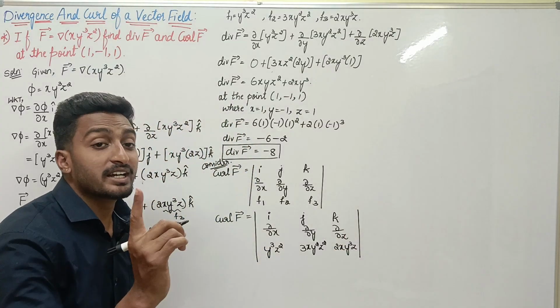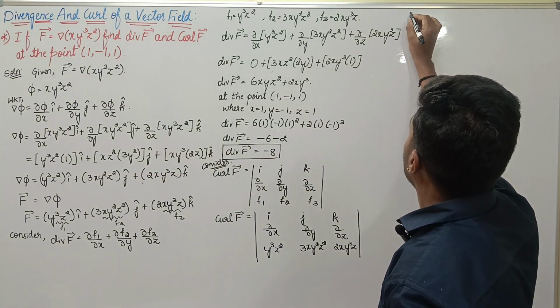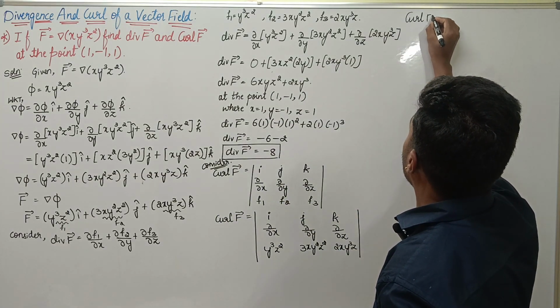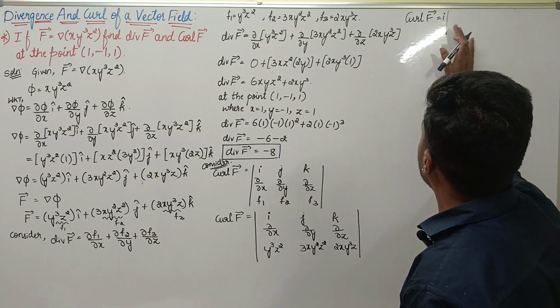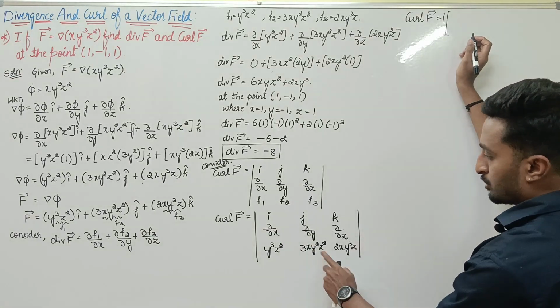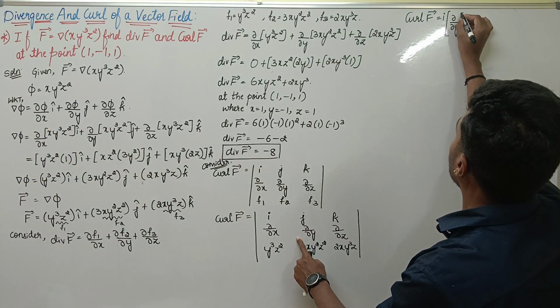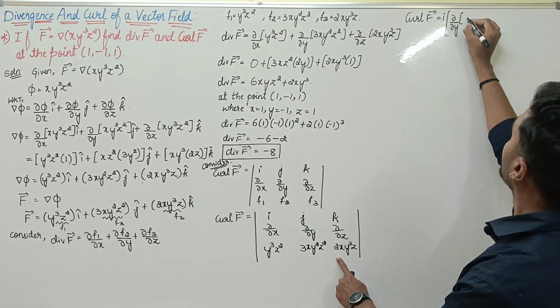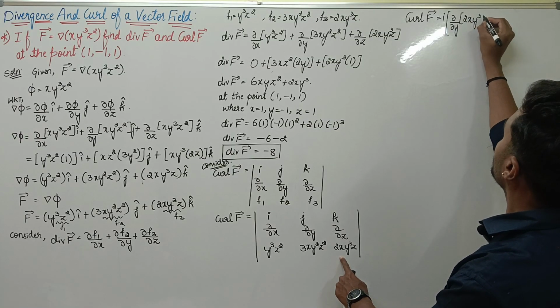Now do the determinant expansion, that is, curl of vector f is equal to i into ∂/∂y of 2xy³z.